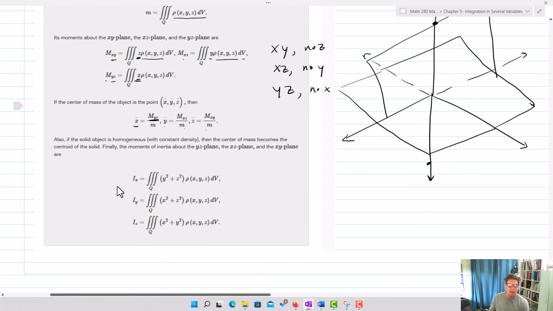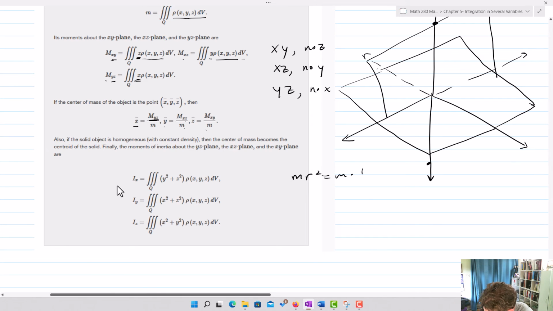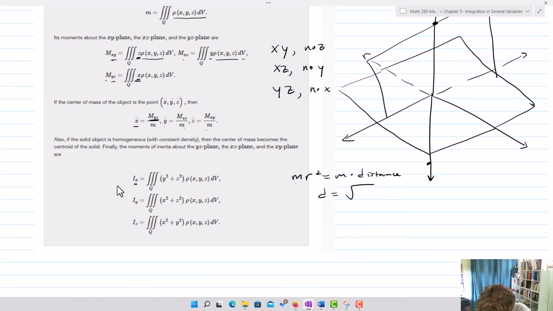And then, if we look at our moments of inertia, remember that this is actually mr squared, so that's mass times distance. If you think about Ix, the distance from the x-axis is going to be the square root of y squared plus z squared.